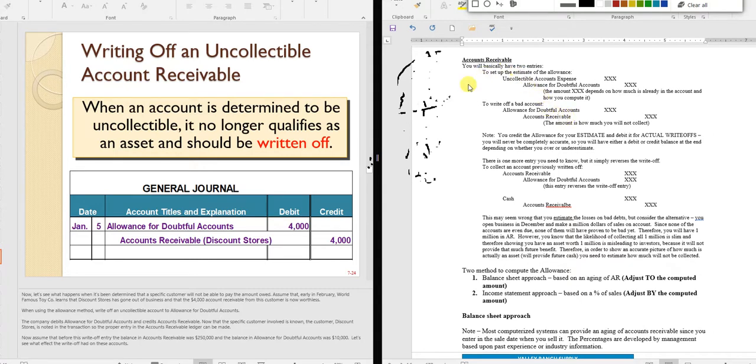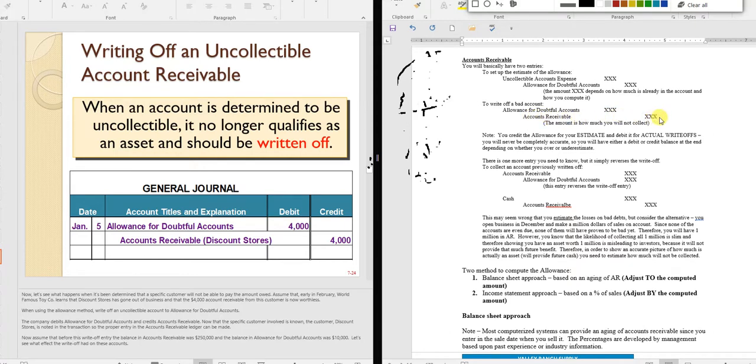So notice you better memorize these two entries: to set up the estimate, debit the expense, credit the allowance; to write off an actual account with a name of a person, in this one discount stores, you debit the allowance and you credit accounts receivable. Here's an important thing. Sometimes students have trouble that we get rid of it in accounts receivable.